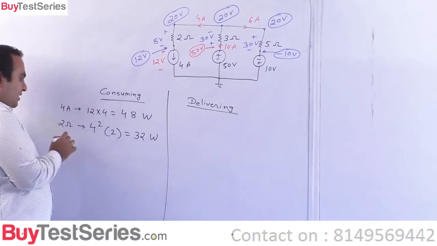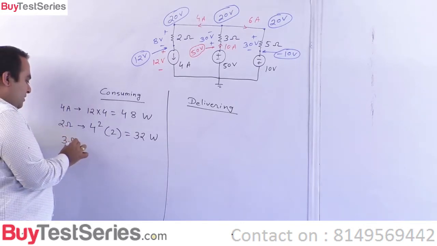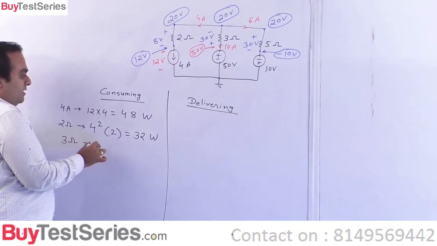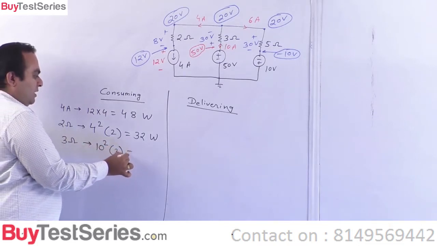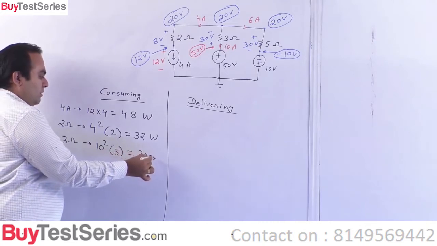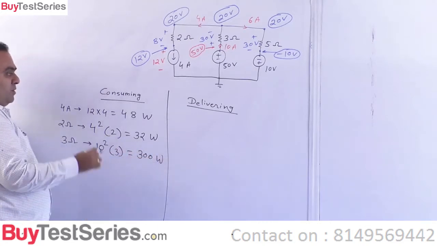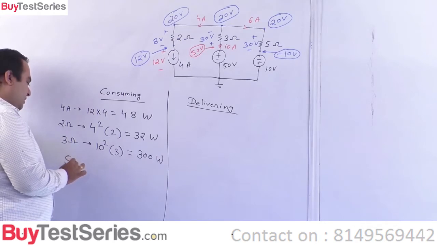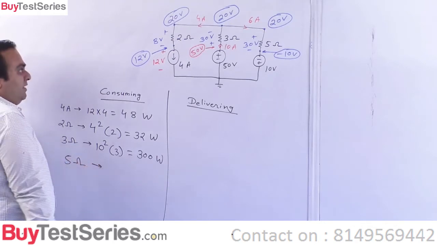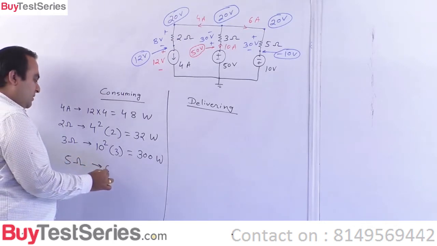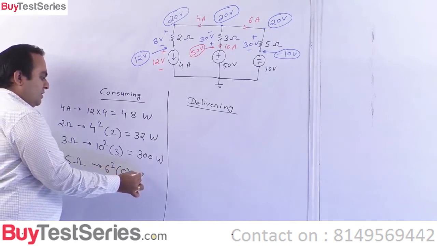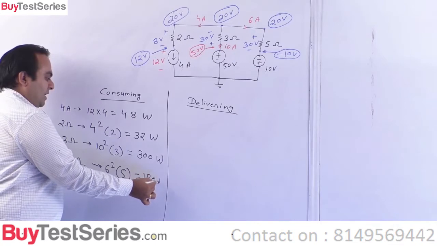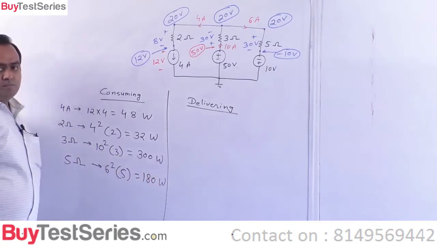If we look at the 3 ohm resistance, it is consuming 10 squared into 3, 300 watts. If we look at the 5 ohm resistance, it is consuming 6 squared into 5, so this has to be 180 watts.